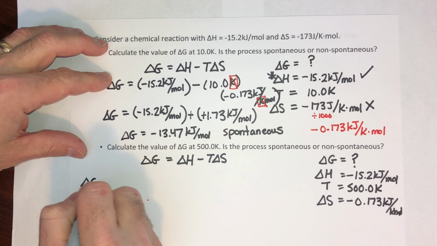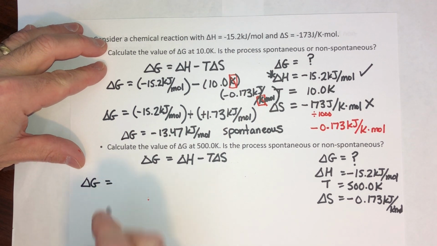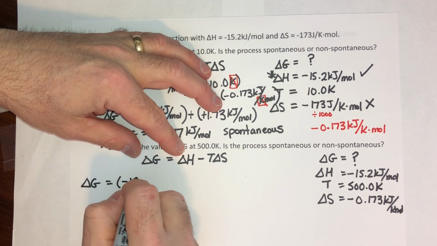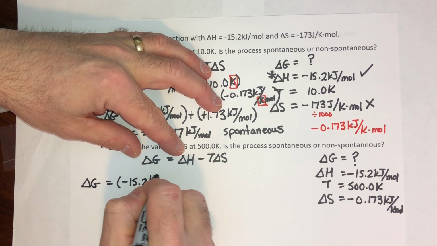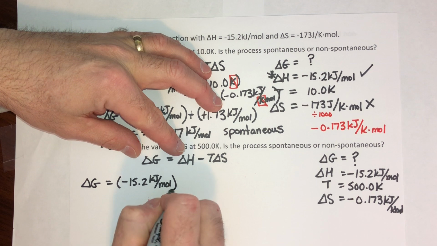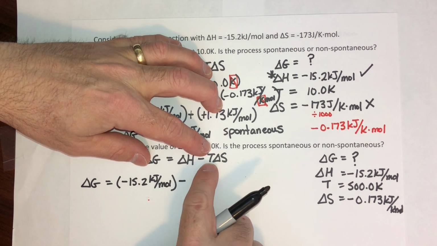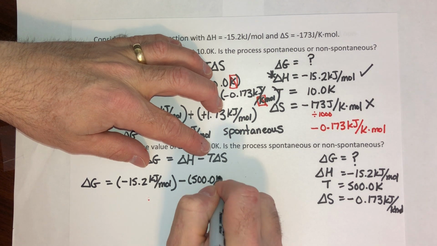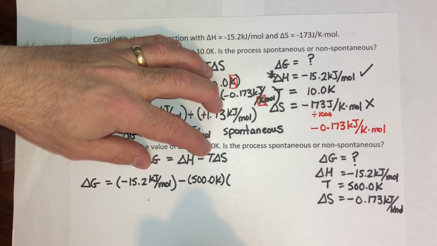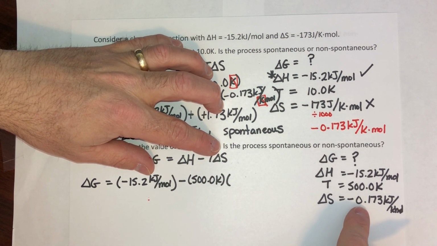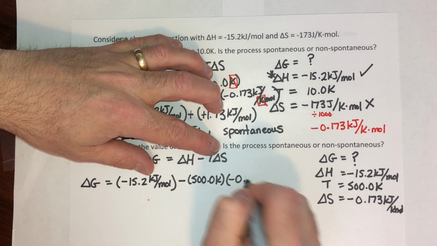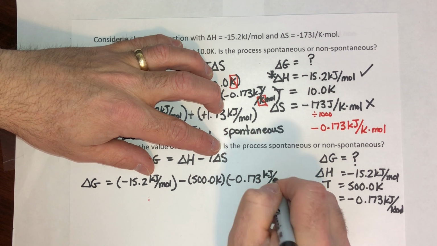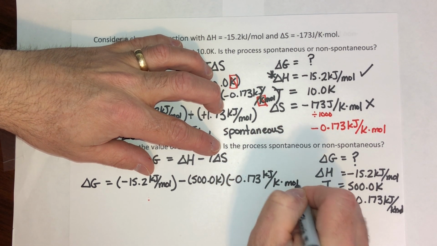So let's move our delta G way over here so that I've got some room. The delta H is still a minus 15.2 kilojoules per mole. Minus. The temperature is now 500 Kelvin, so 500.0 kelvins. And my delta S is the same as it was before. It's a negative 0.173 kilojoules per Kelvin mole.